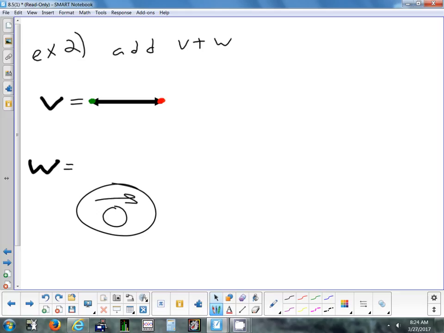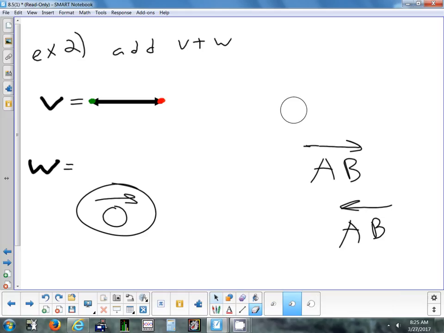So draw the arrow on top of it. It's just like in geometry. If you want to write ray AB, when you write a ray, you always put the arrow going to the right. You don't ever really do something like this in geometry. This is always the symbol you use.